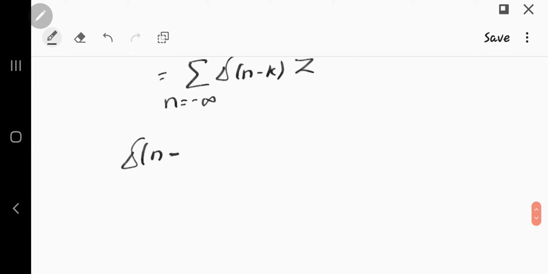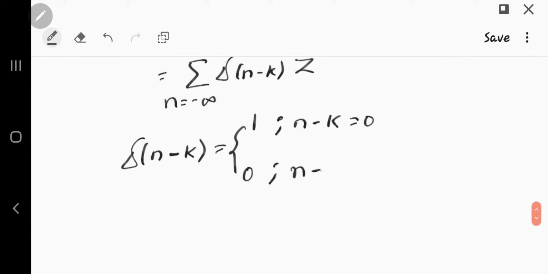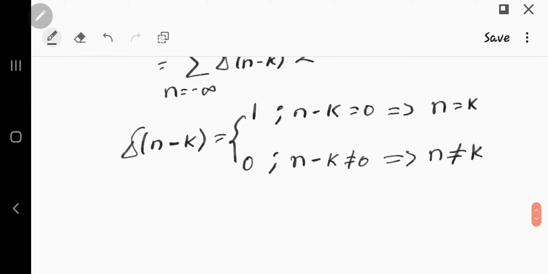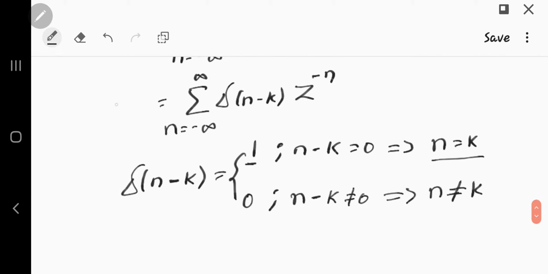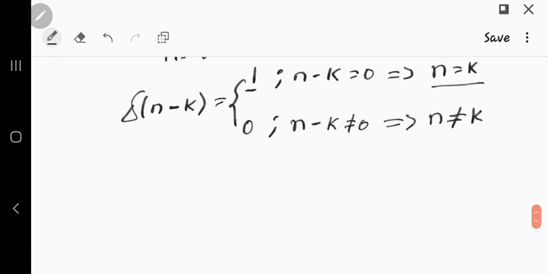Now delta n minus k is 1 for n minus k equal to 0, and it is 0 for n minus k not equal to 0. If you simplify this, you will get n equal to k, and otherwise n not equal to k. So the meaning is, when n is equal to k, delta n minus k will be 1. When n is not equal to k, delta n minus k is 0. So we have to consider the case where n is equal to k here.